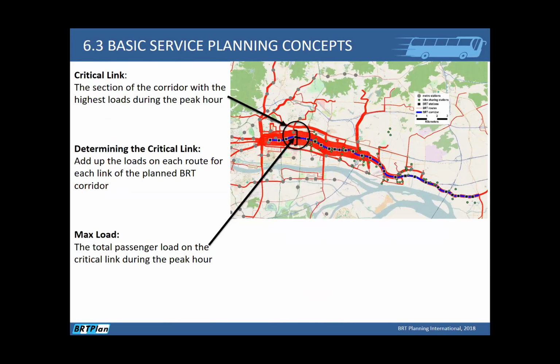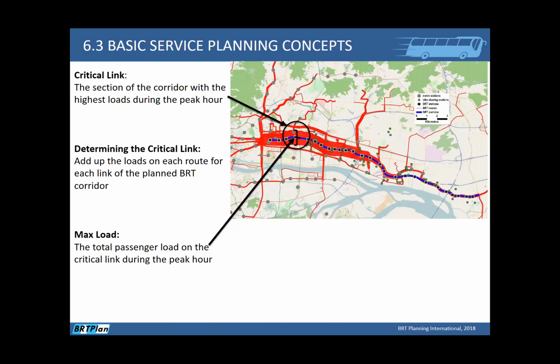That's called the loads. When you add all the loads together for each bus during the peak hour and you put them together, you end up with a map like this. So the critical link is the place where the loads are the highest. That's where that red line is the widest.